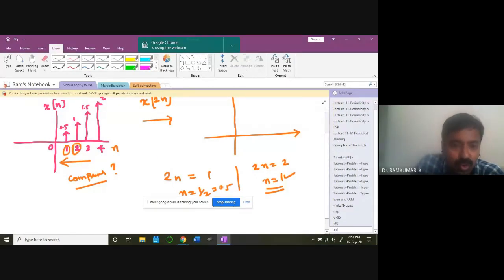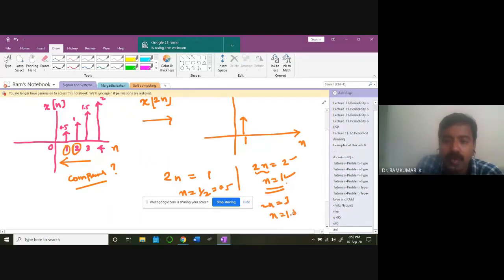Whatever is there at 2 is going to come at n equal to 1, therefore at 1 I'm going to have that value. So that will become the new one. Then 2n is equal to 3, n is going to be 1.5. That's not going to exist because it's not an integer. Then 2n is equal to 4, n is equal to 2.